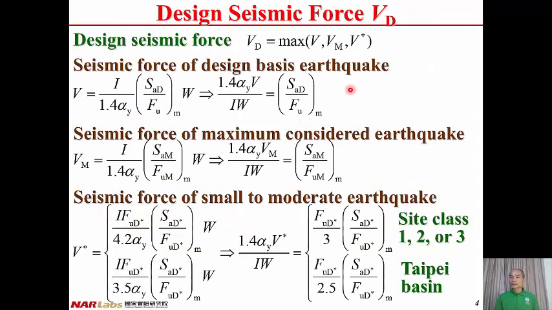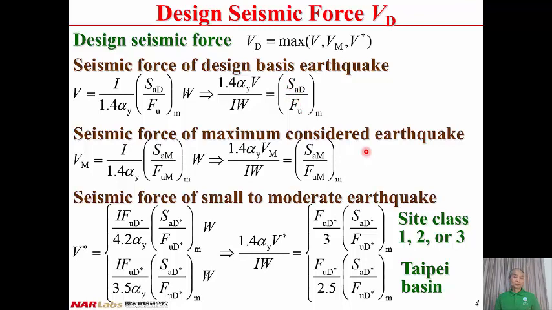The seismic forces can be normalized in this way. V equals I divided by 1.4 alpha y, and W. If we move 1.4 alpha y to the left-hand side of the equation, and W also to the left-hand side of the equation, so that we can normalize the seismic force corresponding to design basis earthquake, then we have the normalized seismic force equal to SAD divided by FU modification.